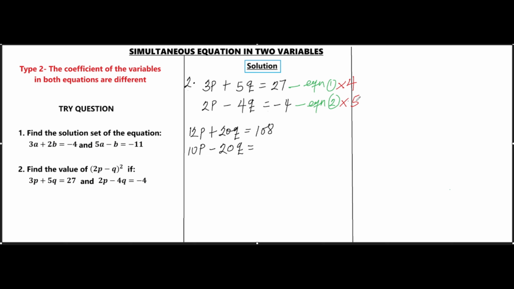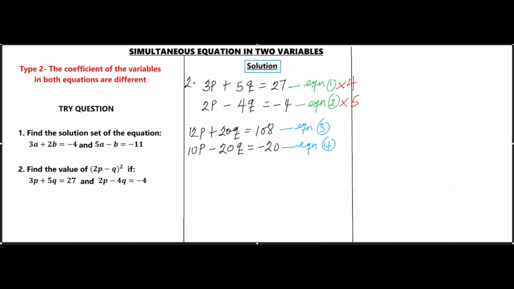And then minus 4 multiplied by 5, we have minus 20. So you can see that we have our new set of equations. So this will be our third equation. This will be our fourth equation. So once we do the cross multiplication, we see that we can now easily eliminate the variable q.